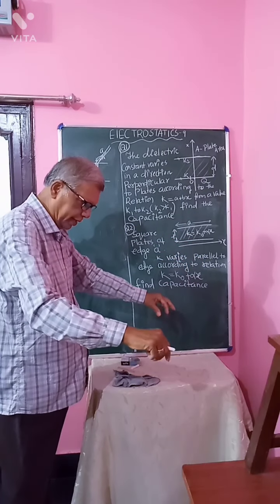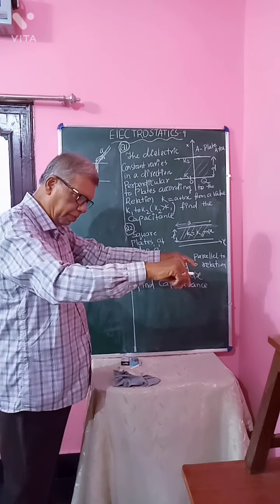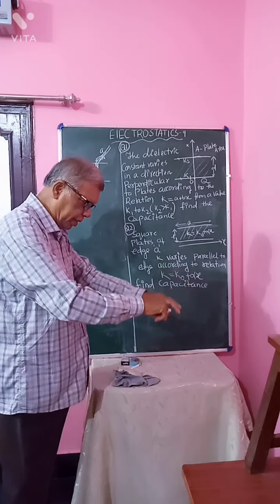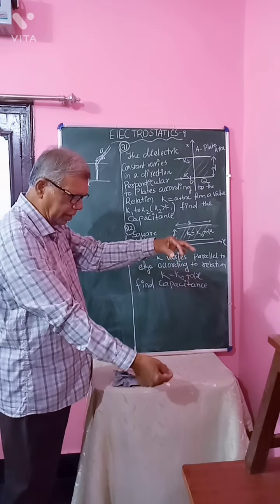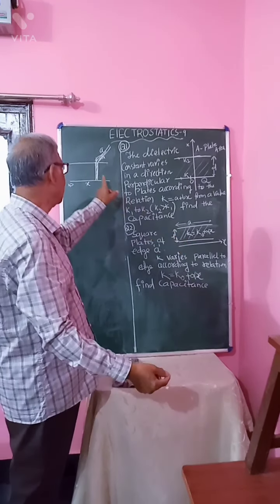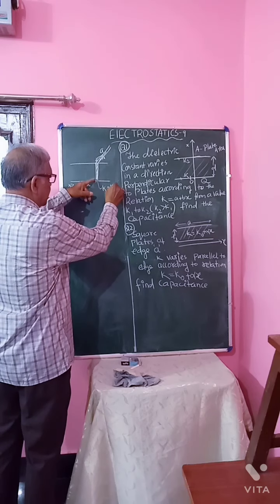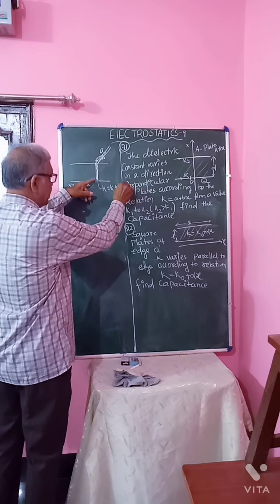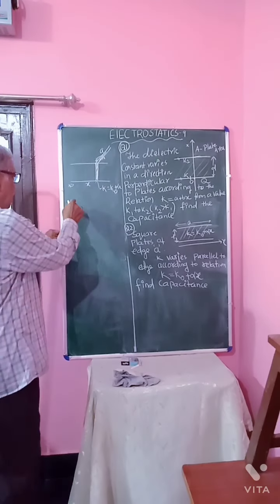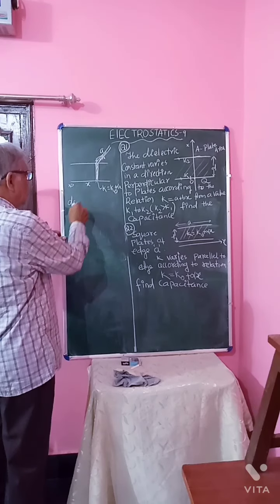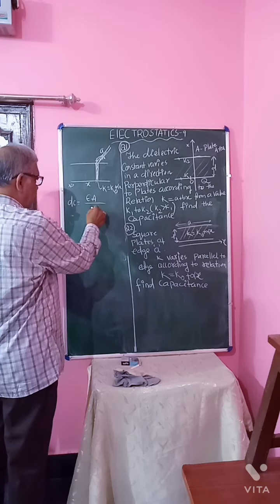So two parallel plates of area A dx are separated by a dielectric medium having dielectric constant K0 plus alpha x.